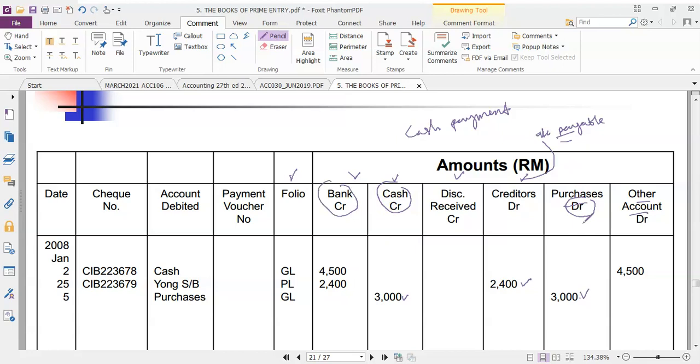Okay. Kenapa purchases debit? Sebab purchases adalah expenses. Okay, expenses increase, we must debit. Okay, and then kalau ada satu lagi untuk account apa-apa debit. Okay, sebagai contoh kat sini, Yong SB kita kreditkan 2,400, so ada account 4,500.